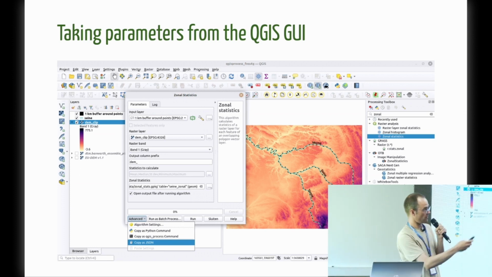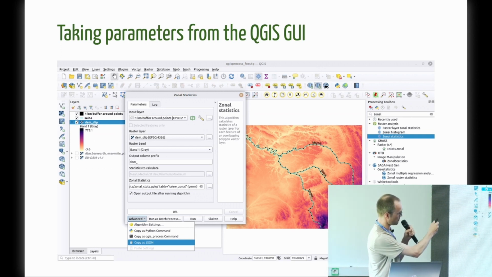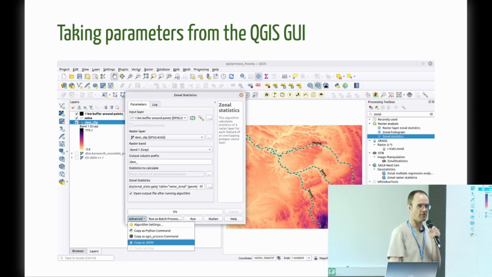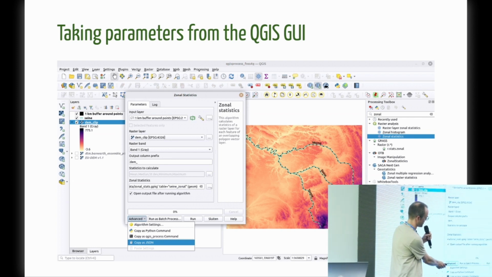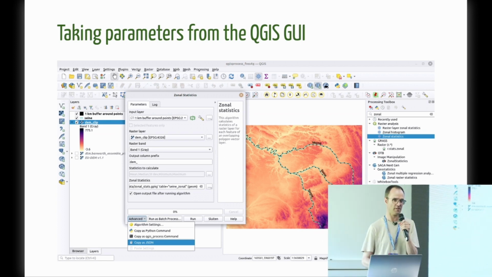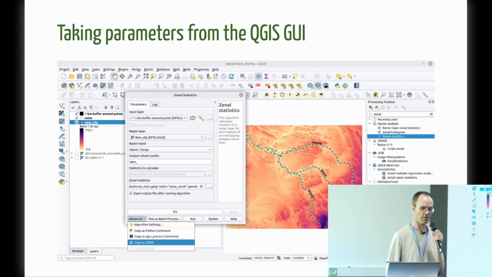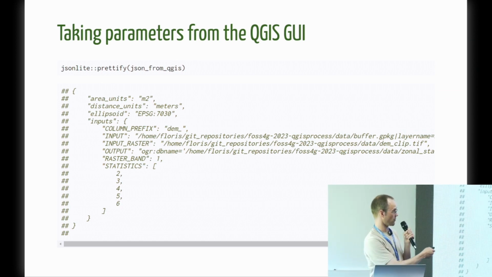So we take the zonal statistics algorithm and we pass some parameters. We can try it out, of course, in the GUI, but anyway, even without doing that, we can copy the settings as a JSON string, and so the QGIS run algorithm function does accept that. So the JSON string looks like this.